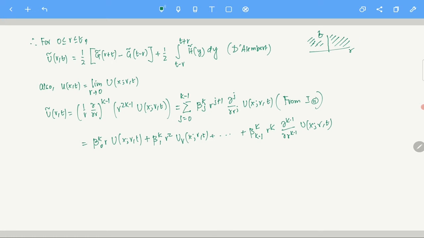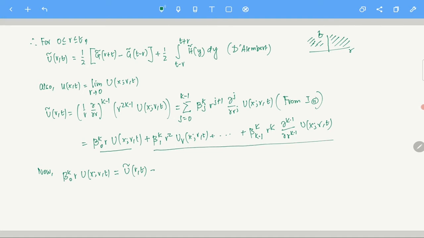Okay, so now look at this thing: b_k0 r U(x, r, t). This expression can be written as U tilde of r,t minus this whole thing. I don't know if I want to write it down.